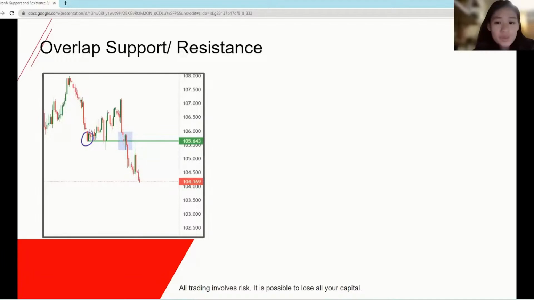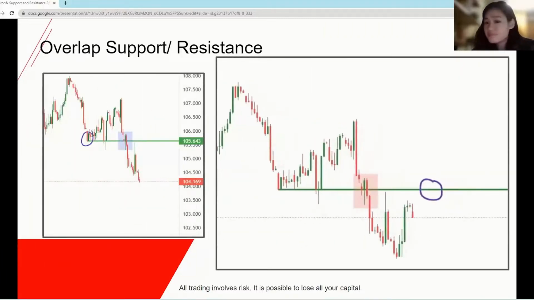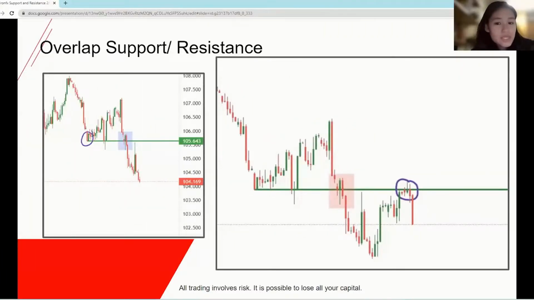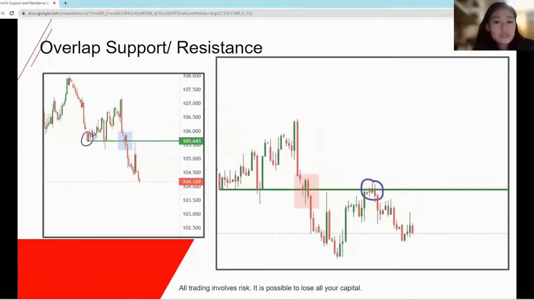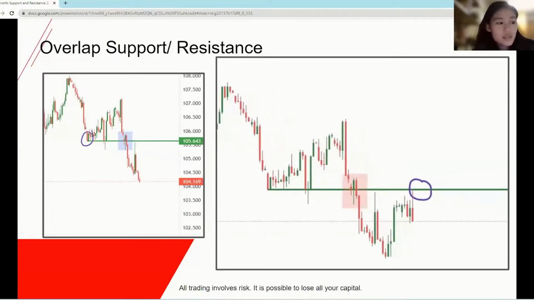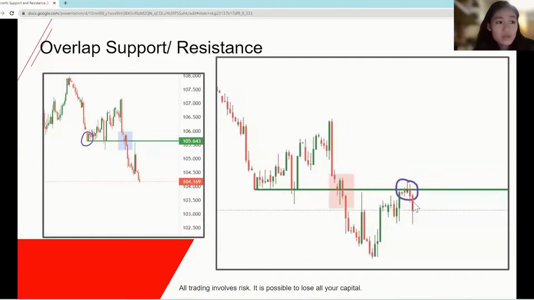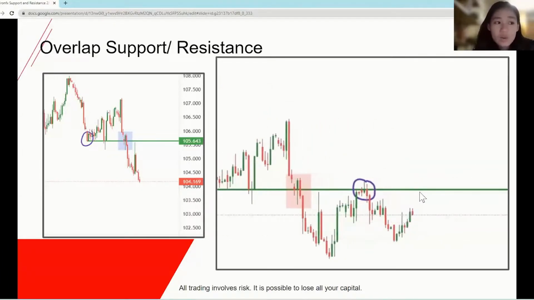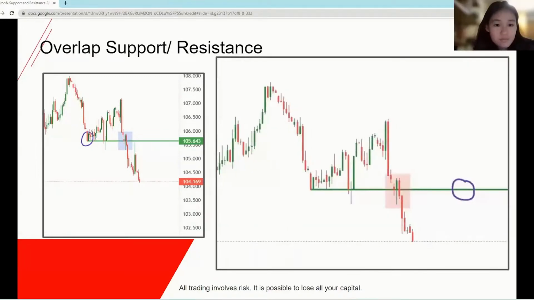So here we have a swing low support that becomes a pullback resistance once price breaks the support at 105.643. So here we can see how price reacted or retraced back to this resistance level and in fact reversed off of it, making it now an overlap resistance.